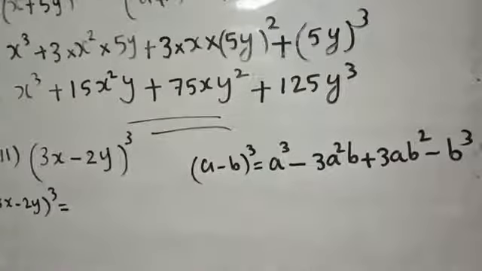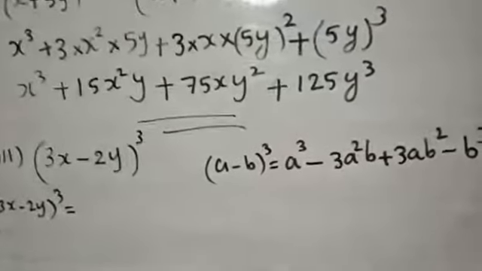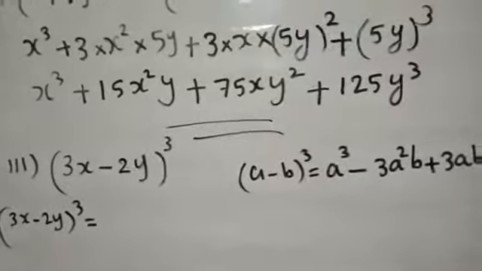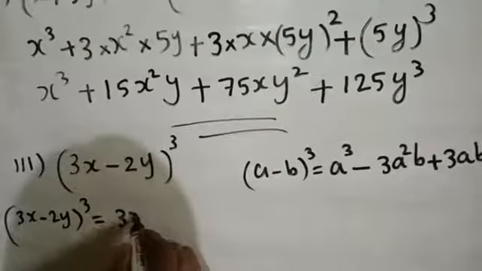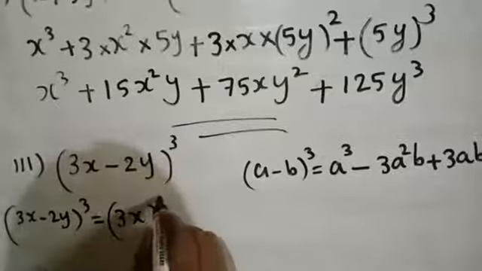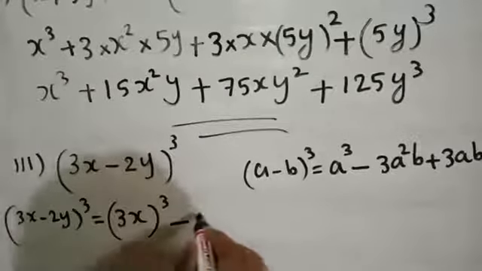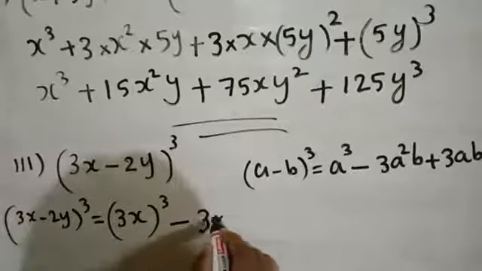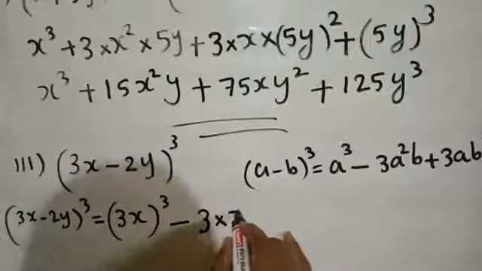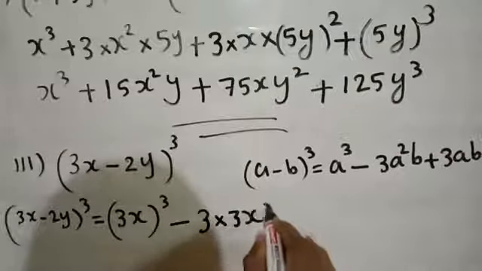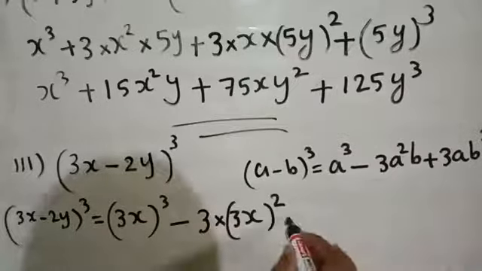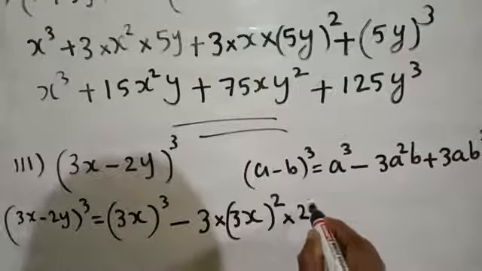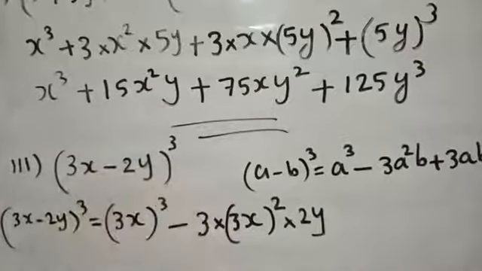to, compare with the actual equation a minus b the whole cube. So this equation is equal to a cube, here 3x cube, minus 3 into a. What is a? 3x. 3a square b, you know. So what is b? 2y. Okay, 3a square b.